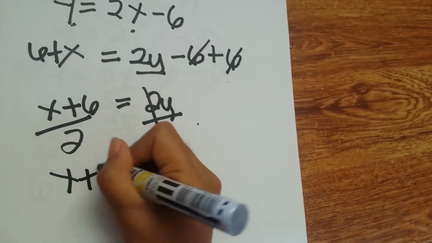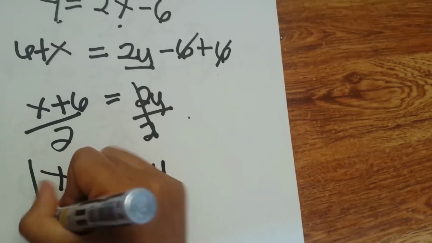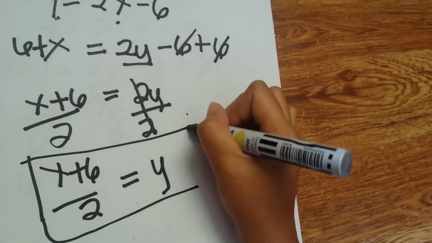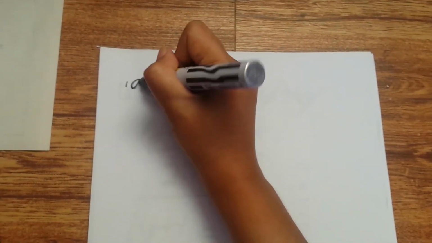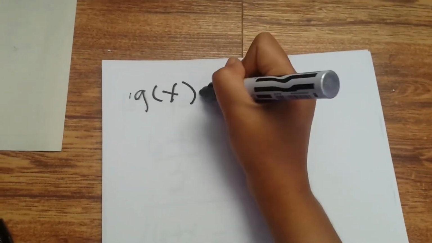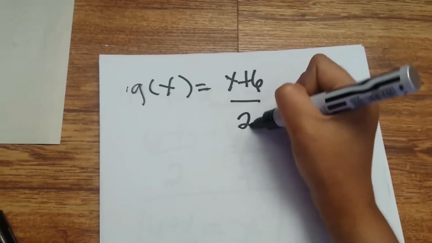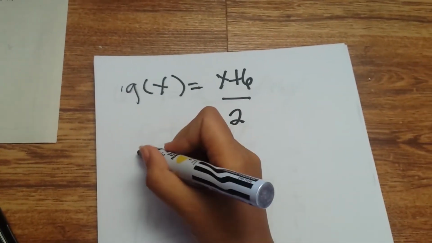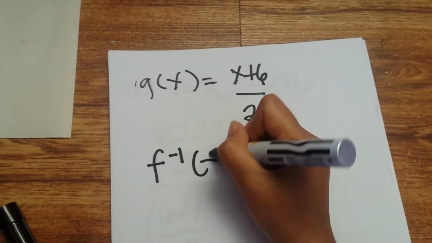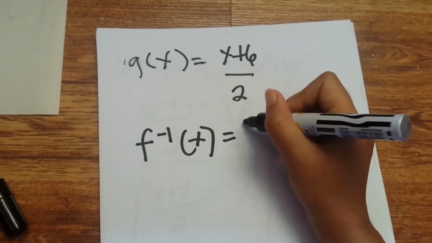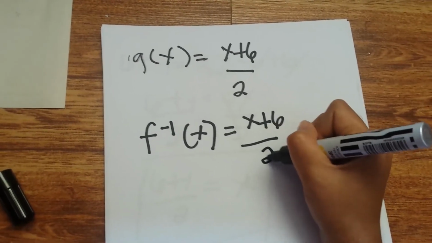So we have x plus 6 over 2 equals y. Now this is our y value. And now for the next step, let g of x equal x plus 6 over 2. So for our inverse function, we have f inverse of x equals x plus 6 over 2.